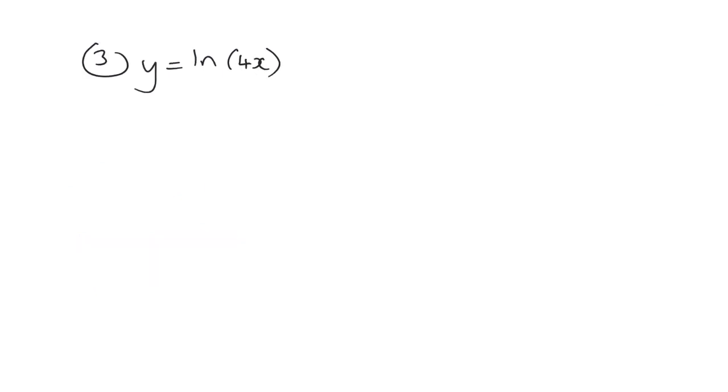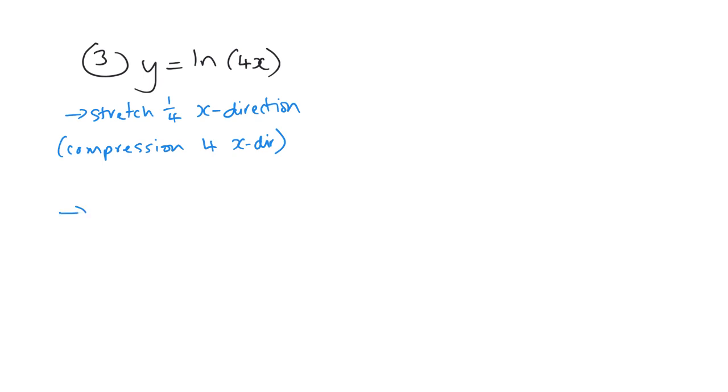And one more then, y equals ln of 4x. So we can either say that's a stretch of a factor a quarter in the x direction, or if you prefer to say it's a compression by a factor 4 in the x direction, that's fine, they're the same thing.